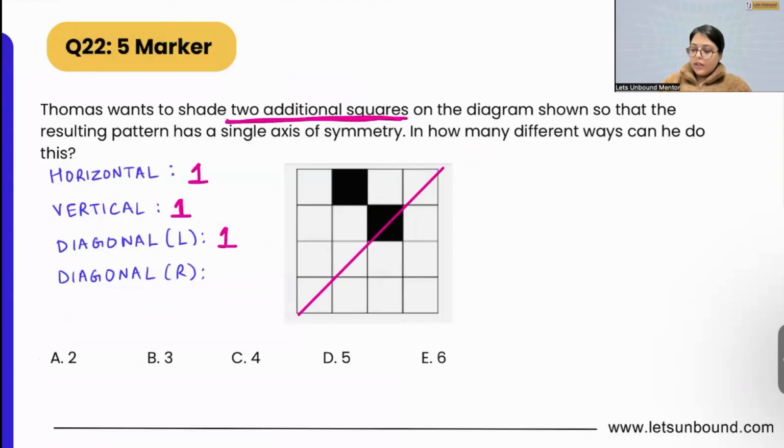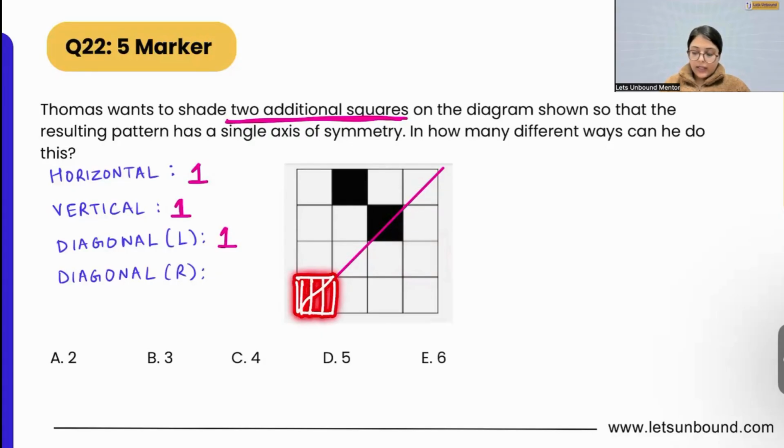Now, one square is here. So shall I place this square here? But we need to put one more additional square because there should be two in total. So one can be this, the other could be this one. Can you see why I've put it here? Because half will come across this side and half will come here.